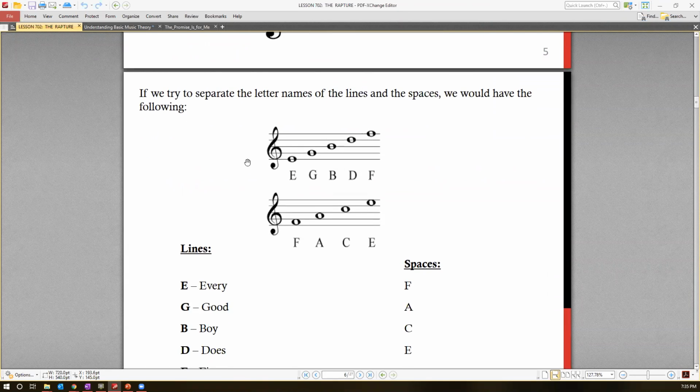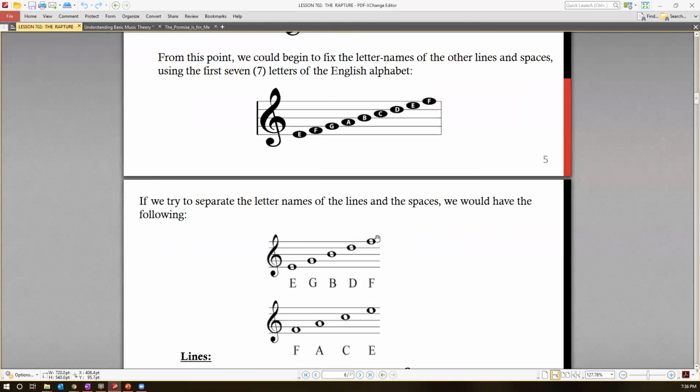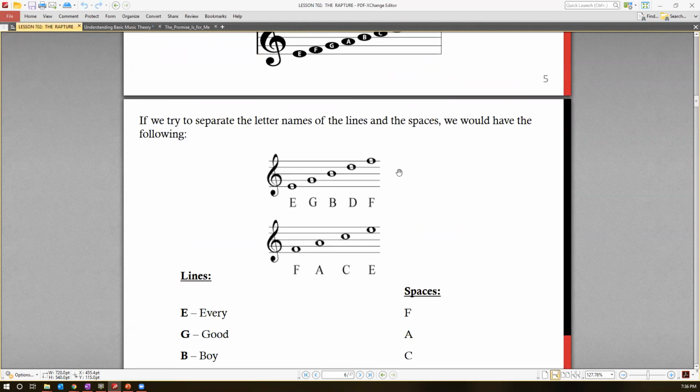To easily read this, sometimes you may struggle to remember, if you see this clef, you might forget that this is actually a G. But if we separate the lines and spaces based on these letters, we can easily know the letters that fall into these spaces, the letters that fall into the lines, and then we can easily determine what note we are working on. So we're separating the lines and spaces here.